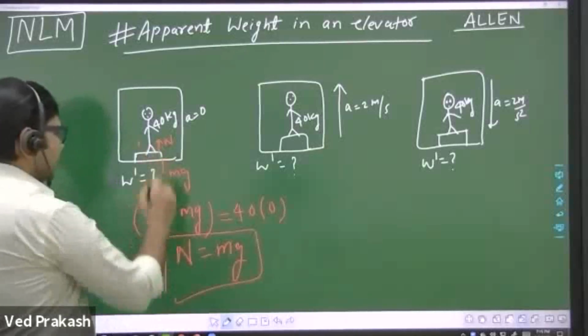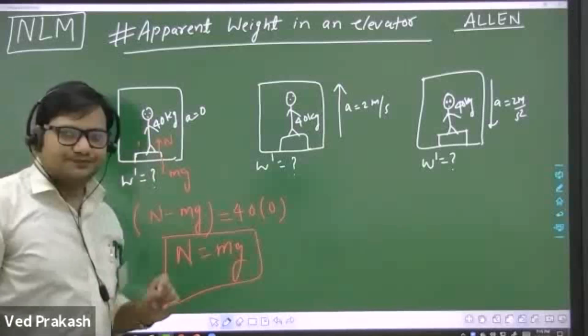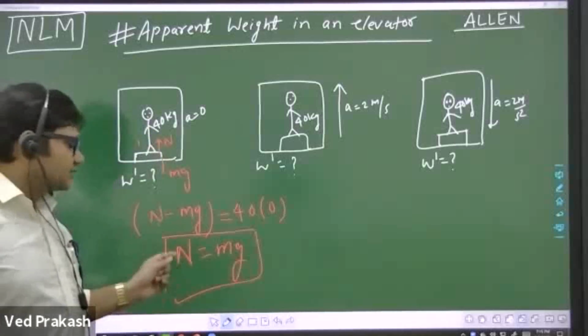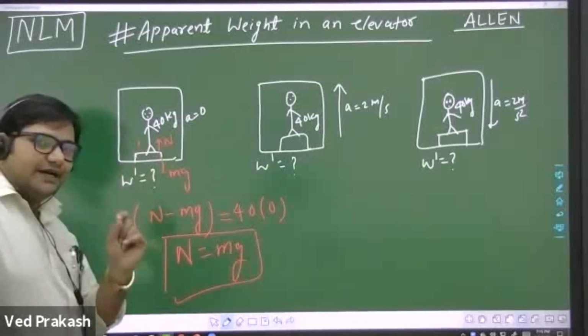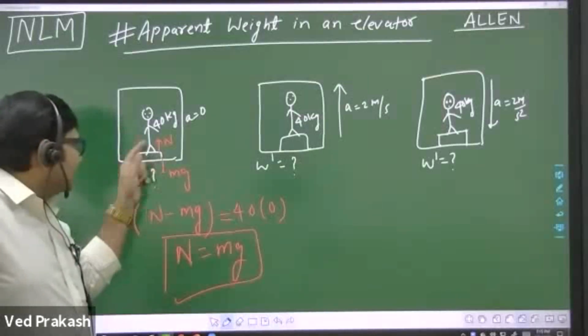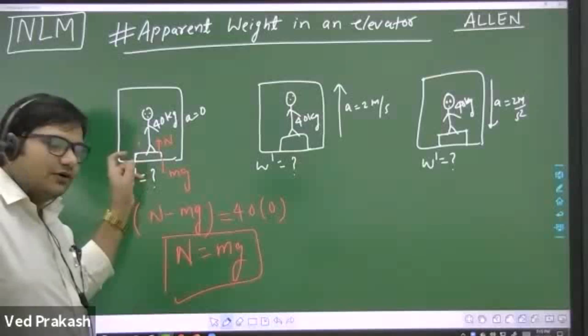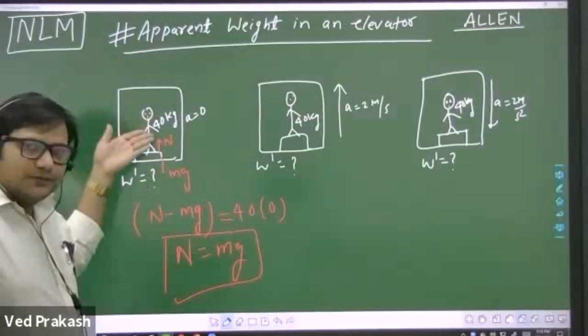So this weighing machine will give its original weight, right? It will show the original weight of this man, because the weighing machine reads the normal reaction exerted by this man on the weighing machine, or by the weighing machine on this man.